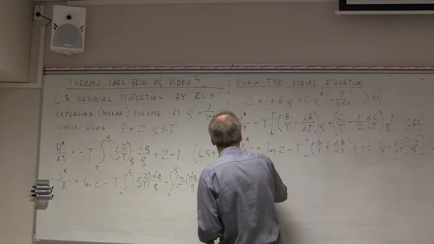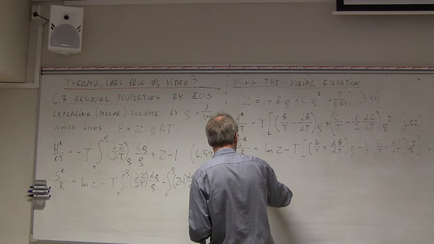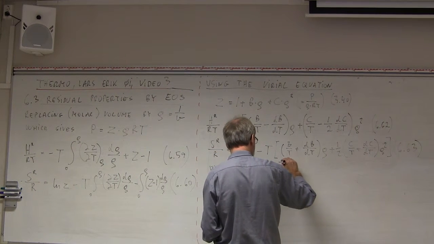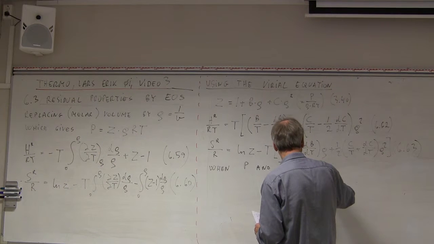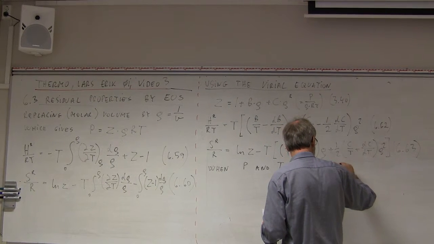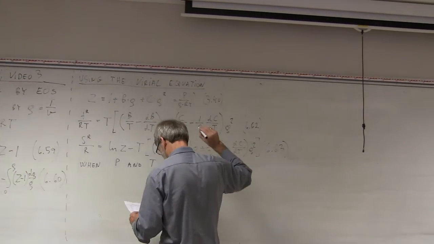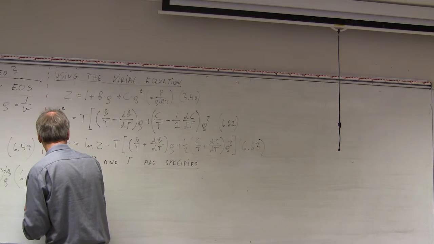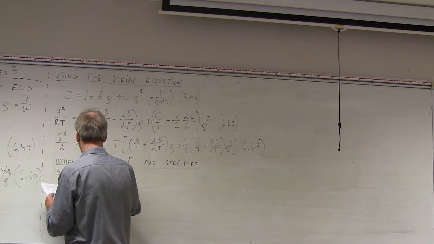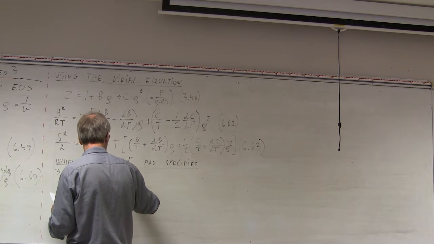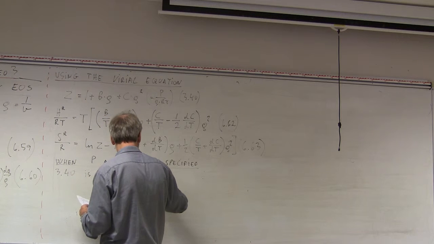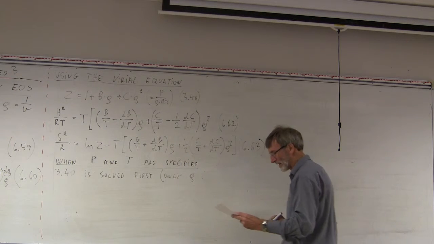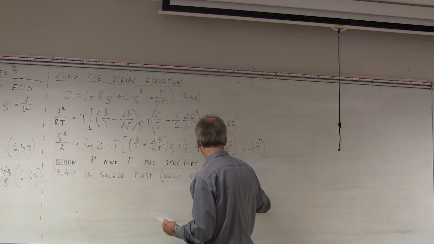So when P and T are specified, 340 is solved first. Only the density, or rho, is unknown.